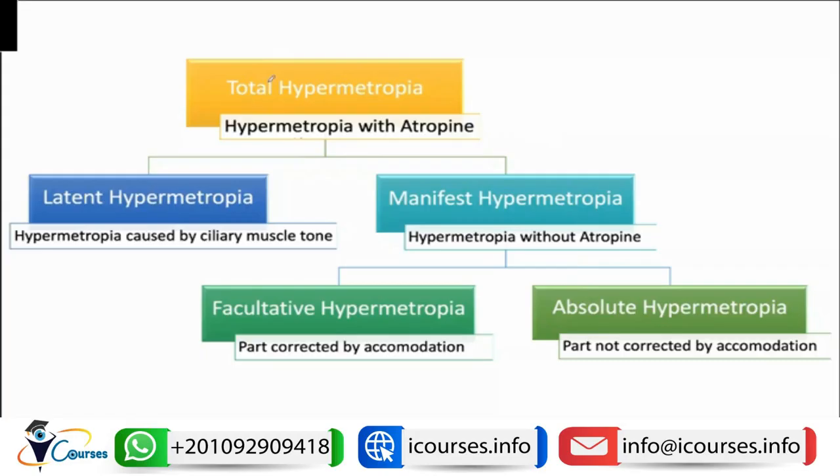This total hypermetropia is divided into two main components: the latent hypermetropia and the manifest hypermetropia. What is the latent hypermetropia? The latent hypermetropia is the hypermetropia caused by the ciliary muscle tone. Every muscle in the body has a tone.